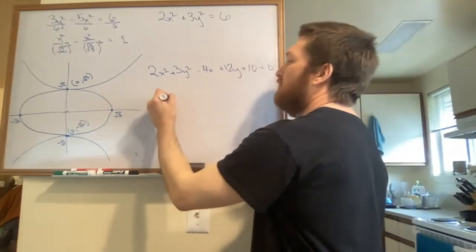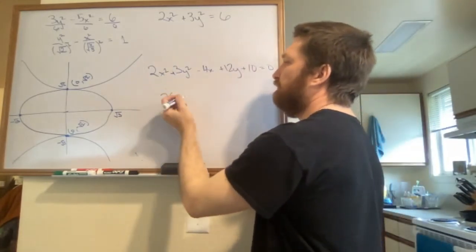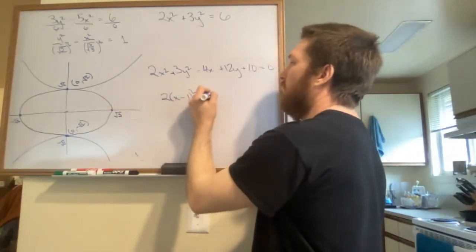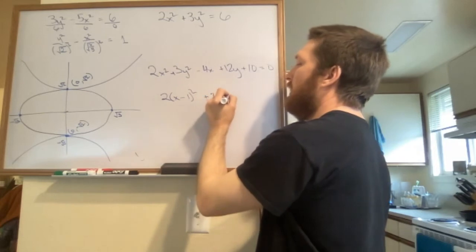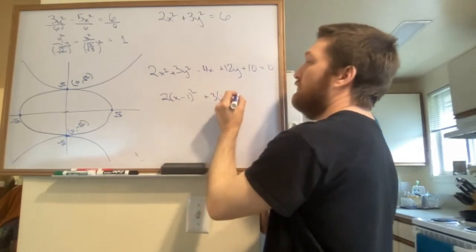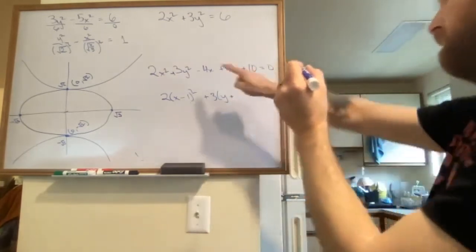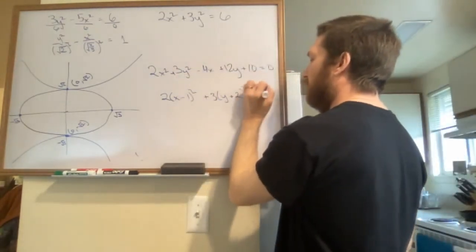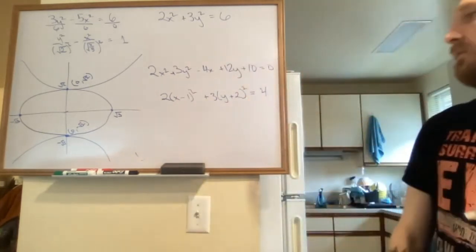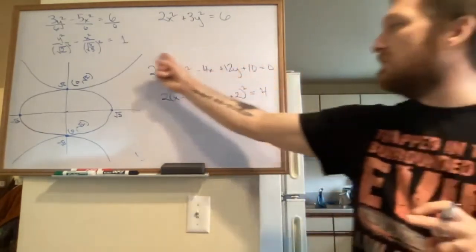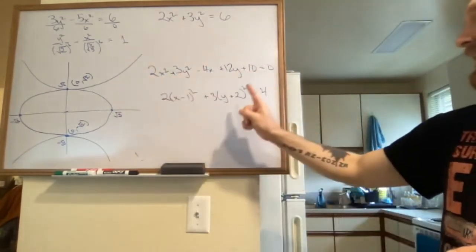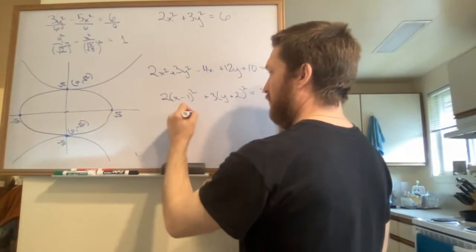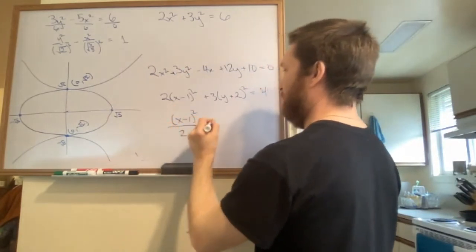Right? It worked out to 2x minus 1 squared plus 3y plus, what was it? That came out as a 4, so a 2. It worked out so that you could start with something like this and be able to actually graph this thing, which would work out like this.